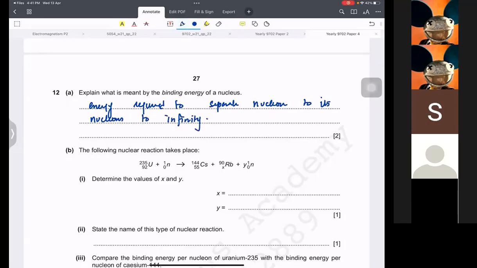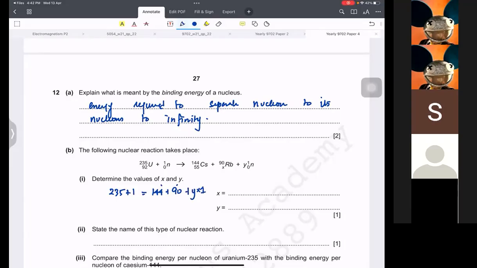Now, determine the values of x and y. Okay, I guess we can do it. 235 plus 1 equals 144 plus 90 plus y into 1.